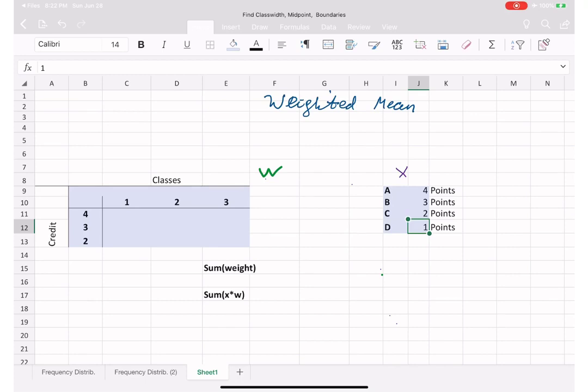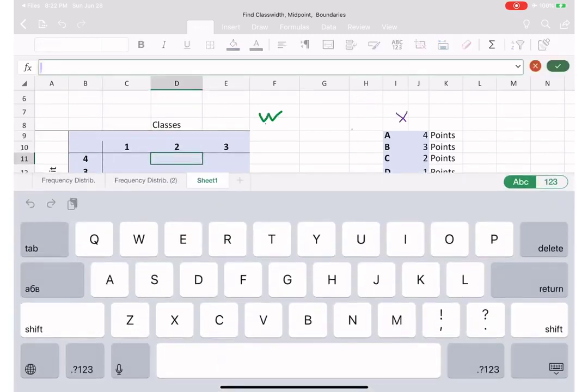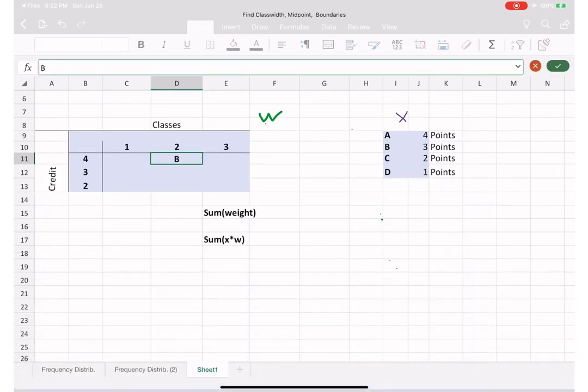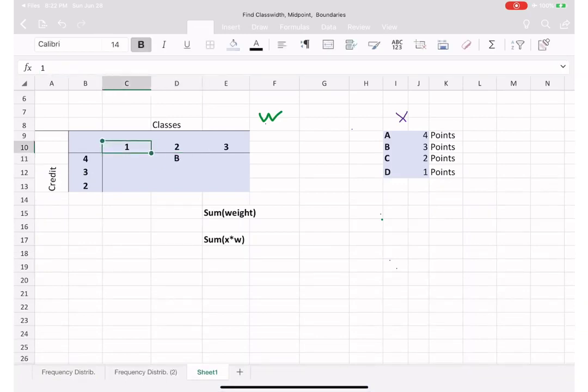So this is what we have. The student got B in 2 classes with 4 credit hours. So here we have 2 classes and 4 credit hours. This is going to be B. Next, the student got D in 1 class with 3 credit hours.